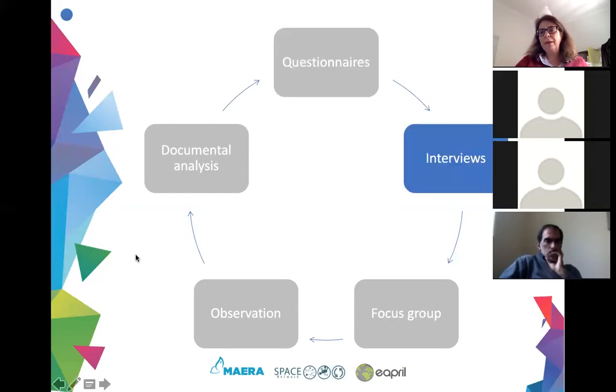The next method are the interviews. And here we have a communication between the researcher and the respondent, during which the researcher controls the agenda by asking some questions that are related to a script that the researcher has prepared, and this script most of the times emerges from the literature review.